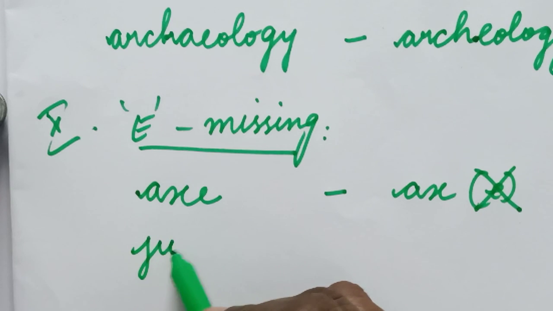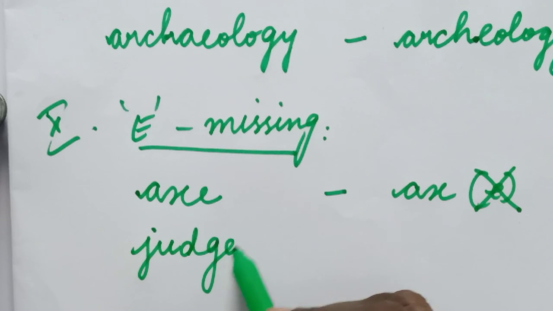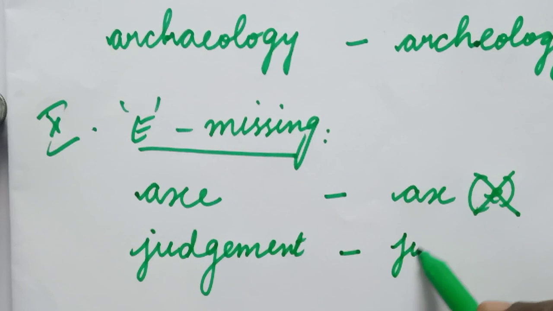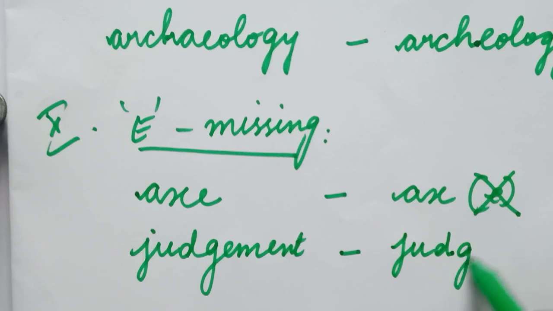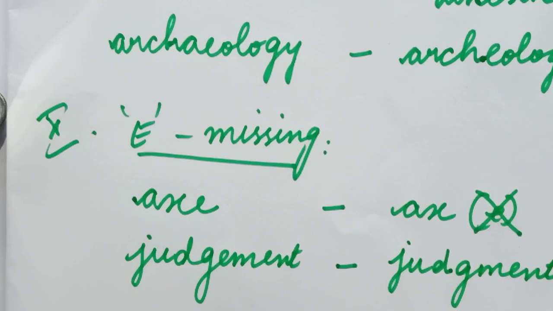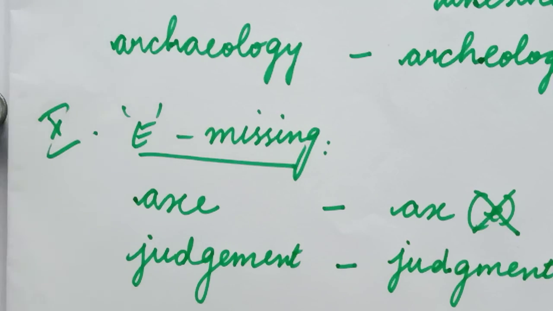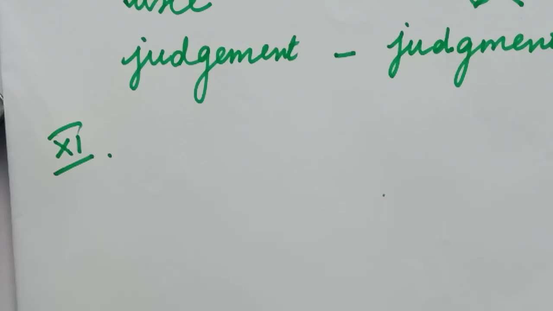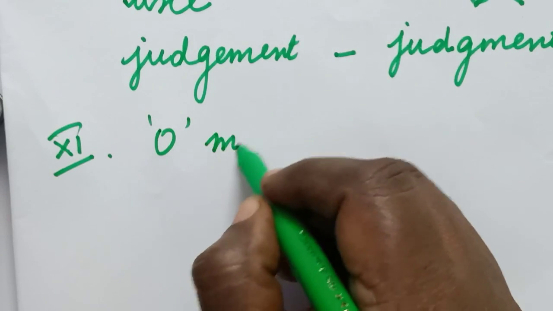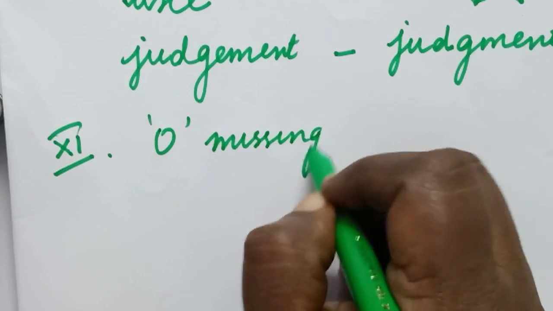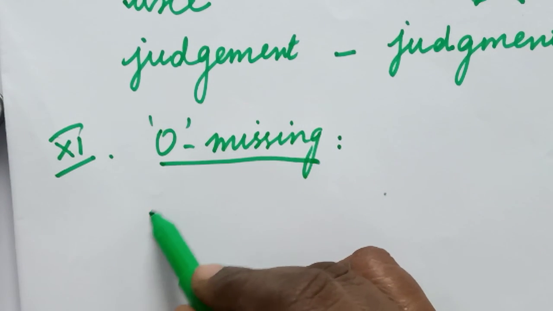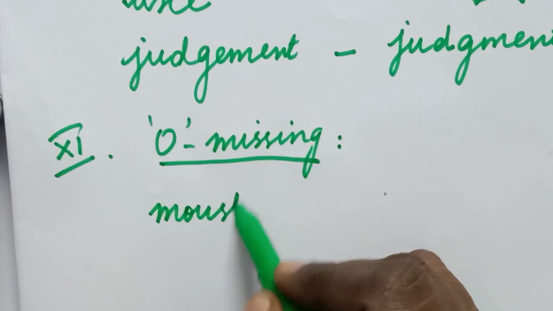Understood? Similarly, you have judgement. Okay, so how do we have to write this? J-U-D-G-M-E-N-T without the E. So this is your E missing rule. Next one is O missing. Okay, what is this? O missing. Here you can see moustache. What is this moustache?